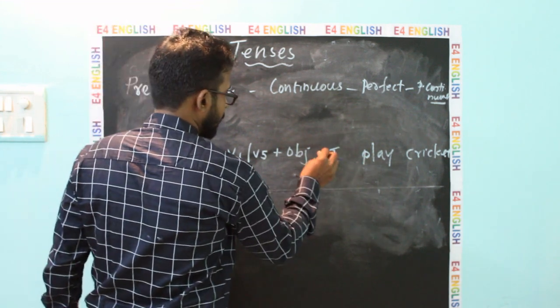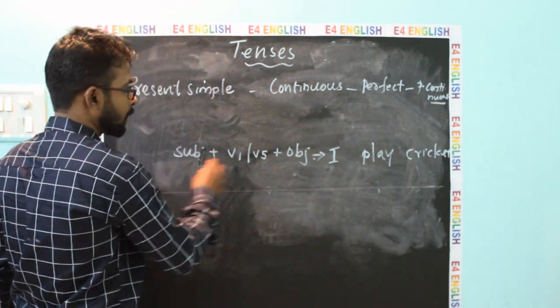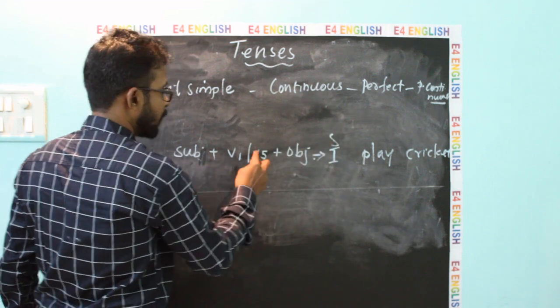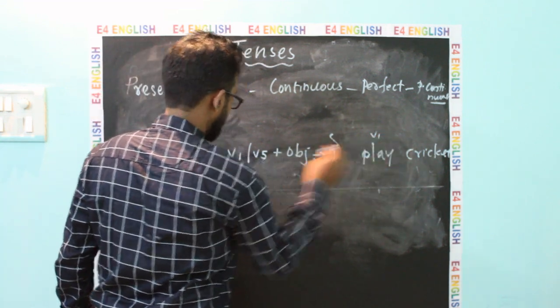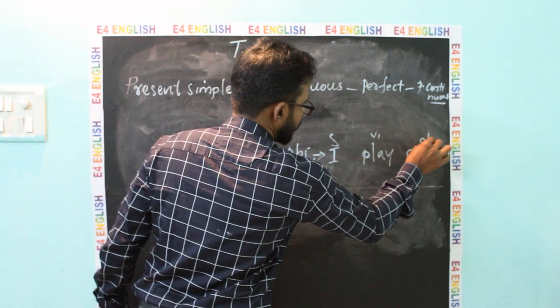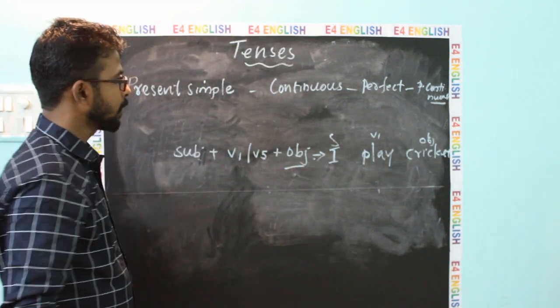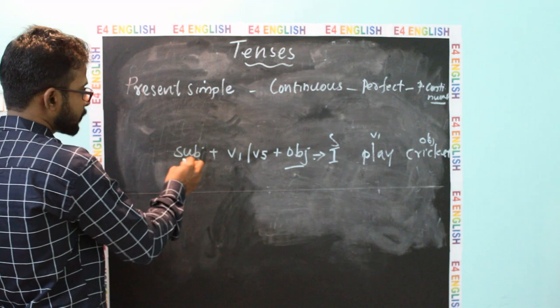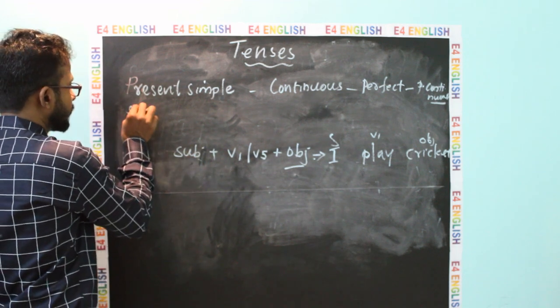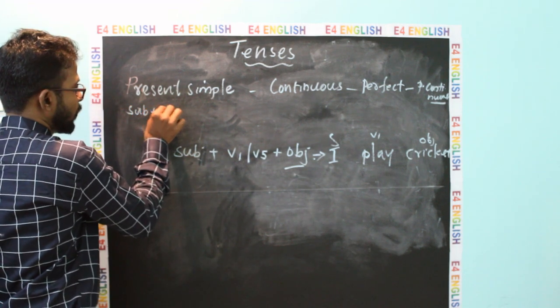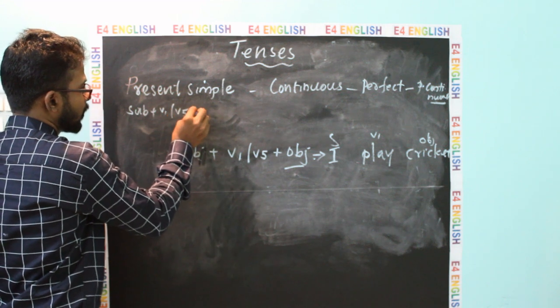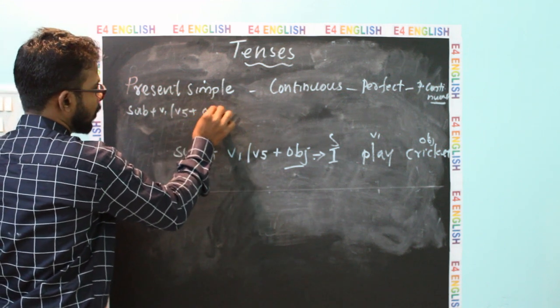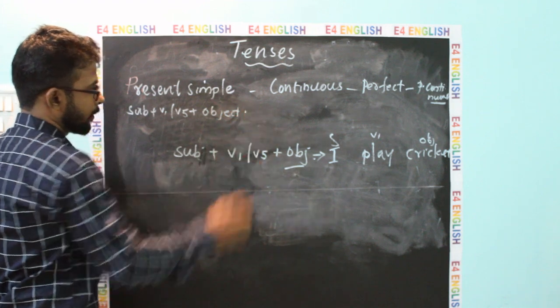So, I play cricket. This is the format. Here the subject is I, play is V1 and cricket is the object, right? So you can write here: present simple is subject plus V1 or V5 plus object.